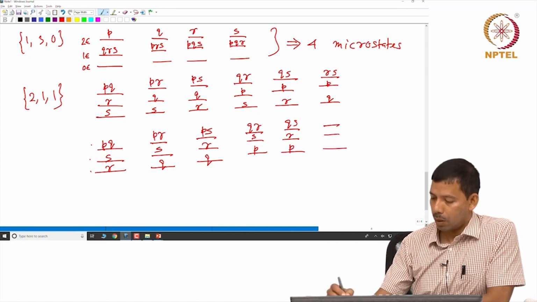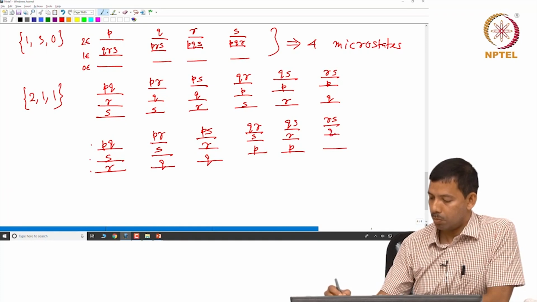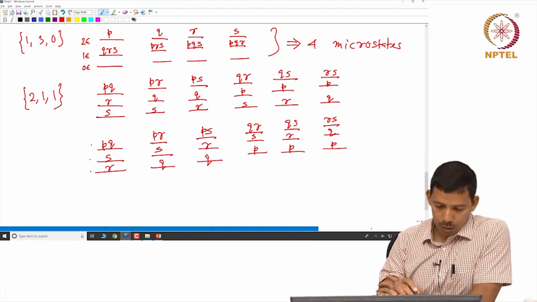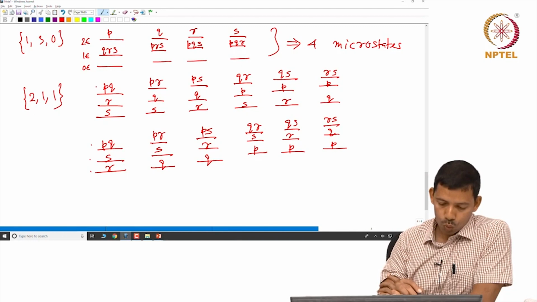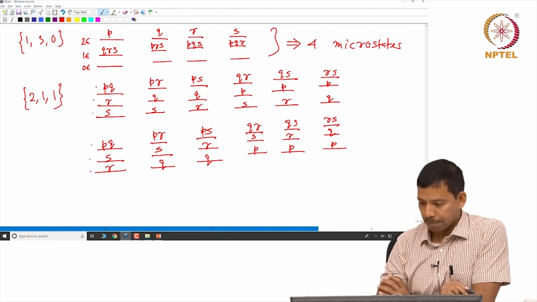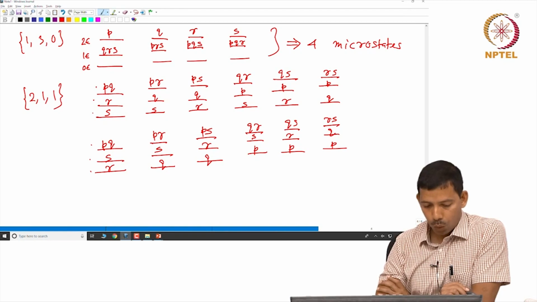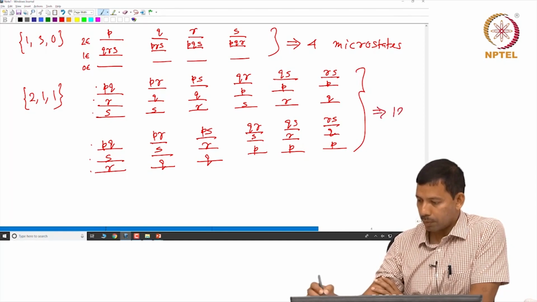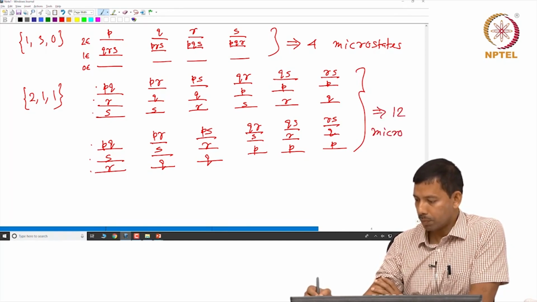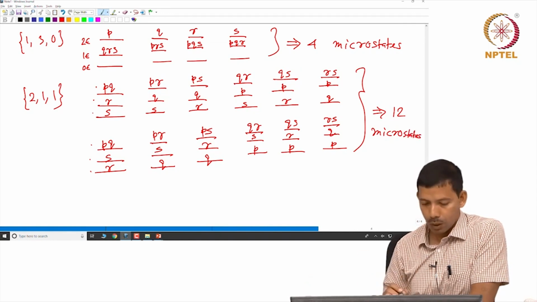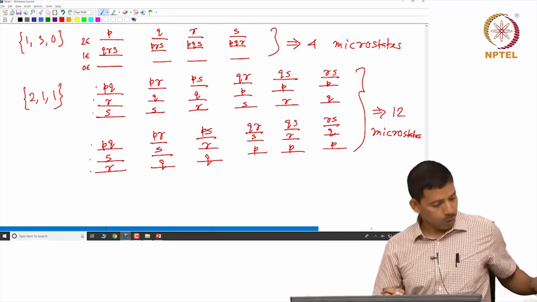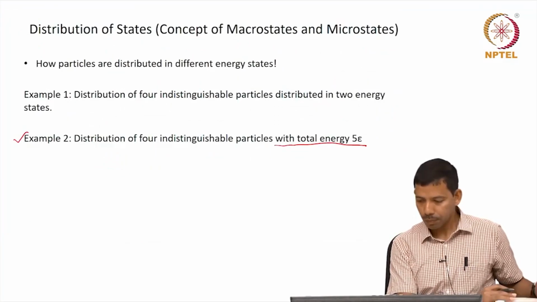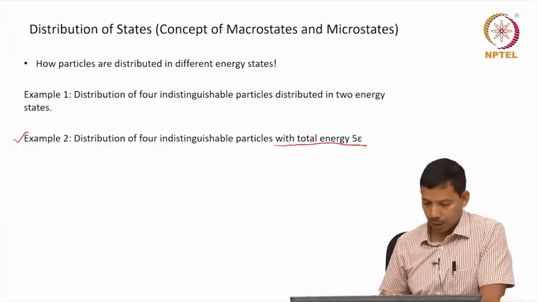We have RSQP. So all of them are signifying that 2, 1, 1 distribution. So for this 2, 1, 1 macrostate, we got total 12 microstates, right? Okay, so now let's see, we have seen the distribution of states.